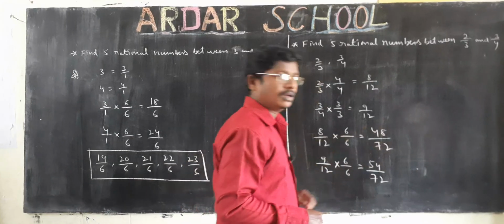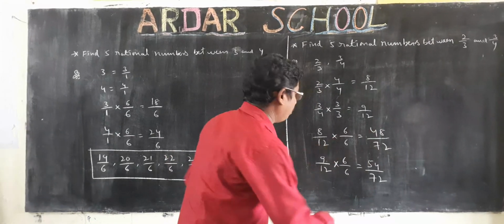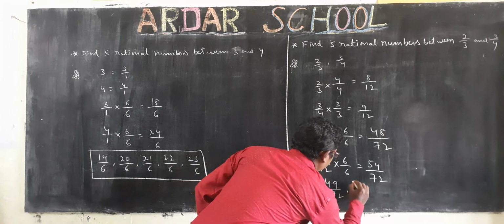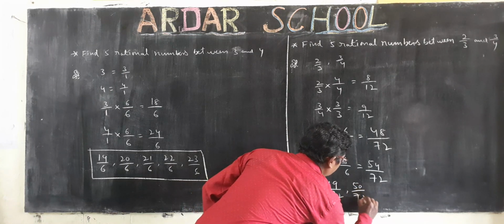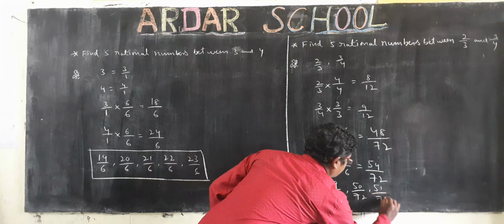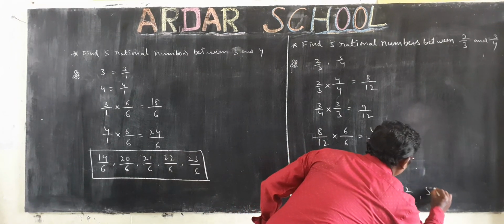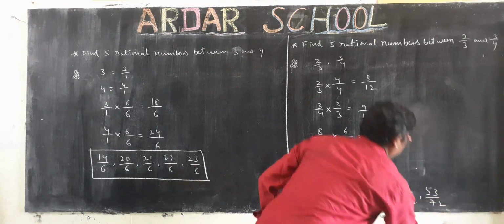Now we have to find 5 rational numbers between these two. That is 49 by 72, 50 by 72, 51 by 72, 52 by 72, 53 by 72.